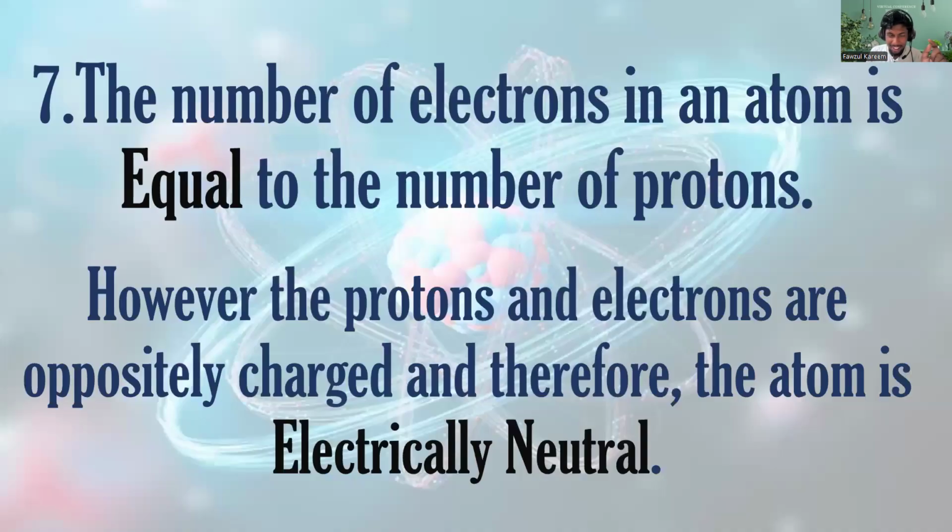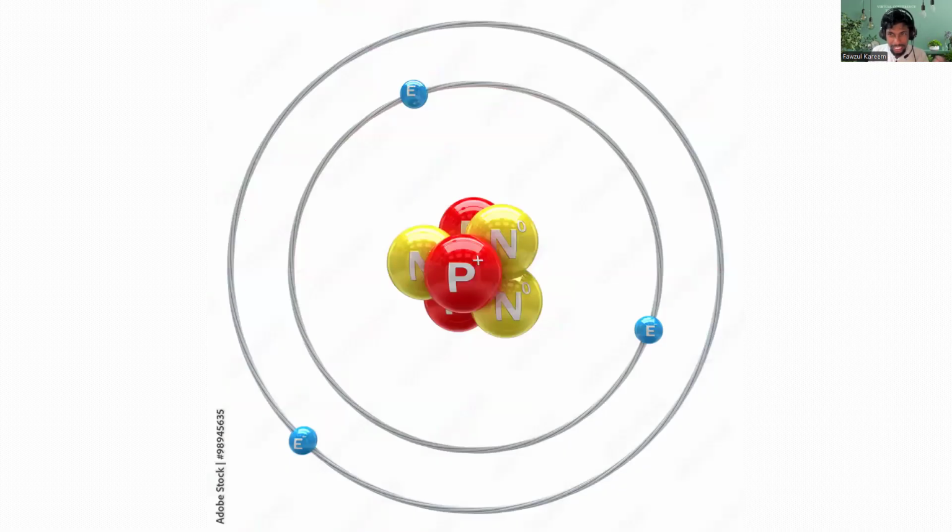Now I'm going to tell another important point. The number of the proton and the number of the electron, they are same. For example, just say here, we have 3 protons and we have 3 electrons. So from 3 protons, we will have 3 plus charges.